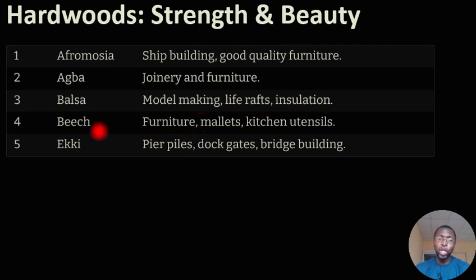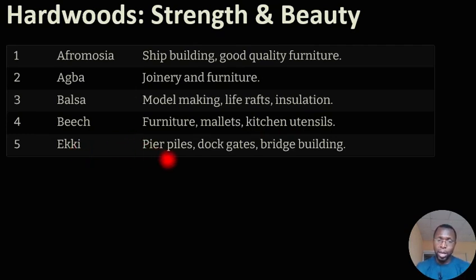Then we have the beech hardwood. This is used for making furniture. We also use it in making the mallet, one of the workshop tools that we talked about in our previous lessons. And then we use beech in making kitchen utensils, like I mentioned earlier that we use wood in the kitchen as well. Then we have the Ekki hardwood.